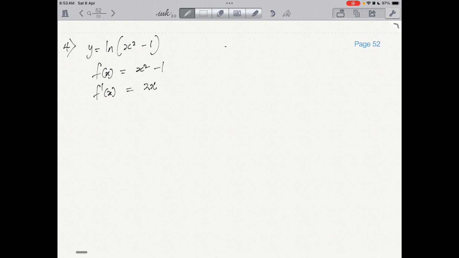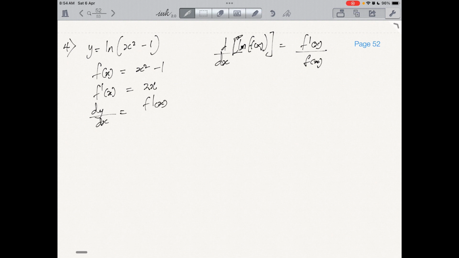We understand that when we differentiate with respect to x the natural logarithm of f(x), our answer will be f'(x) divided by f(x). Therefore, dy/dx in this case will be f'(x) divided by f(x), and this is going to give us 2x divided by x squared minus 1.